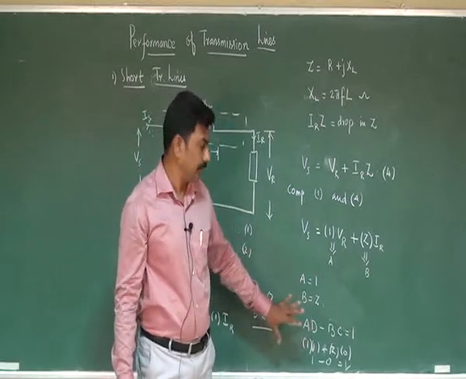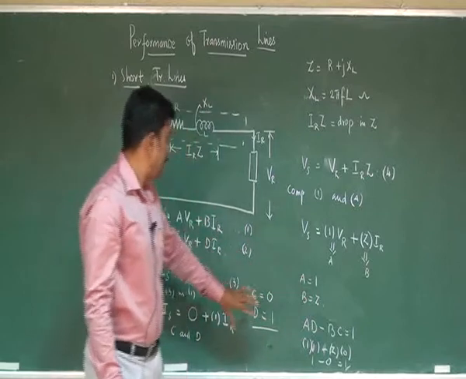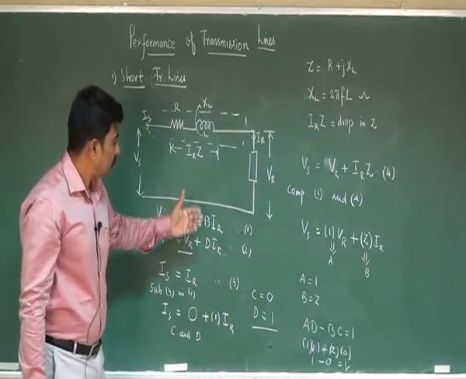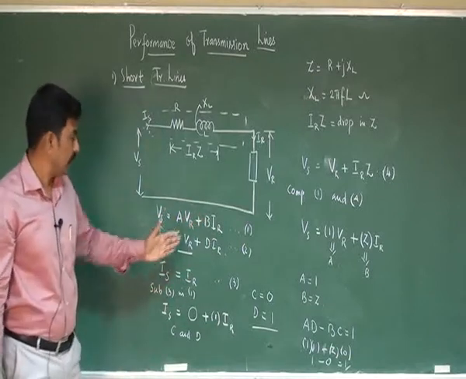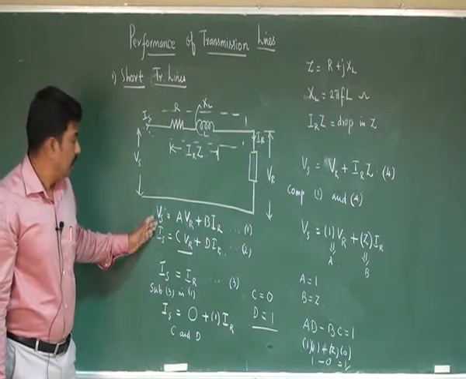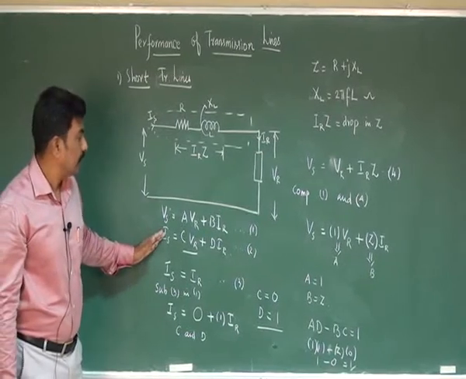After knowing these values of constants, you can directly substitute the values of A, B, C, D in equations 1 and 2, and we can easily solve for the voltage and current at the sending end.